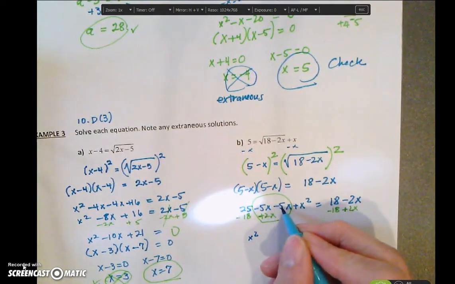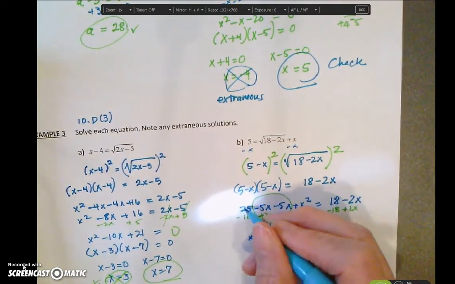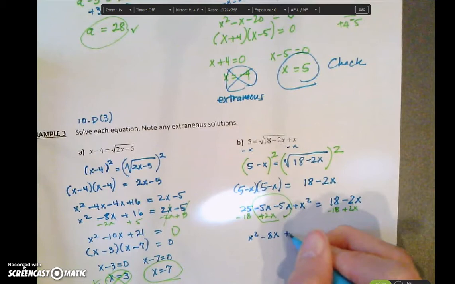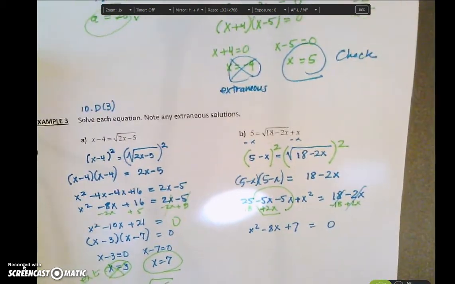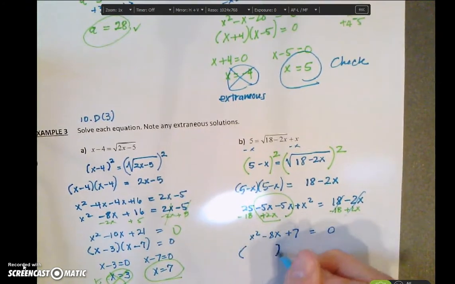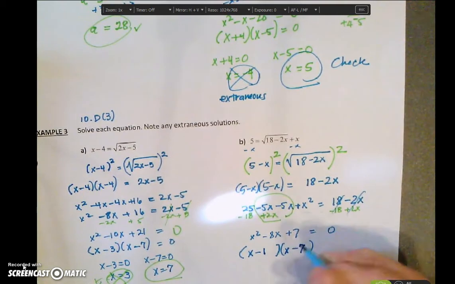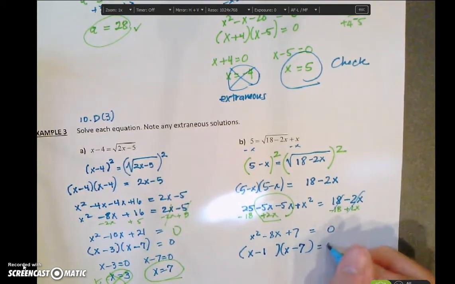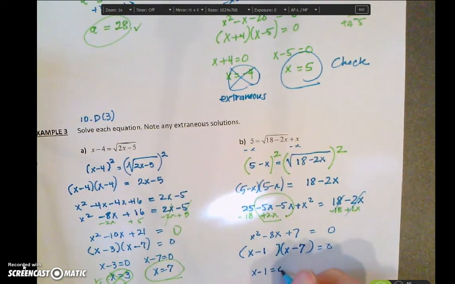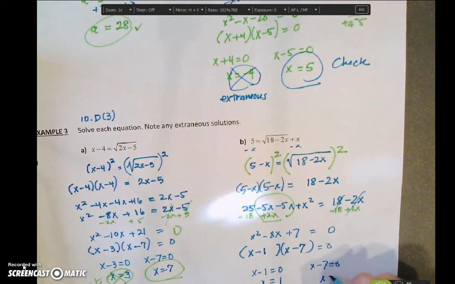Here I have a negative 5x, and negative 5x is negative 10x, plus 2x is negative 8x, and 25 minus 18 is a positive 7, is equal to 0. Factor it. So x minus 1, x minus 7, that multiplies to be positive 7, adds to be negative 8. So we get x minus 1 is 0, x is equal to 1, x minus 7 is 0, x is equal to 7.